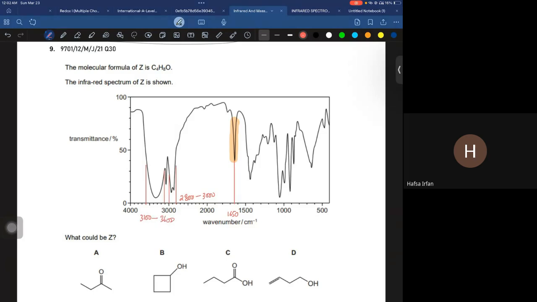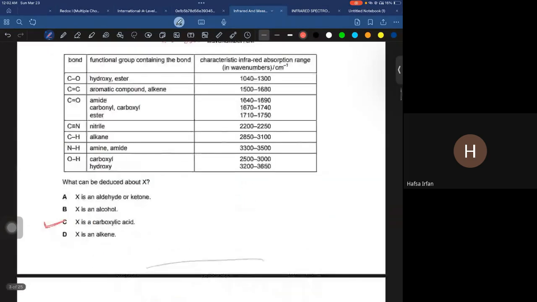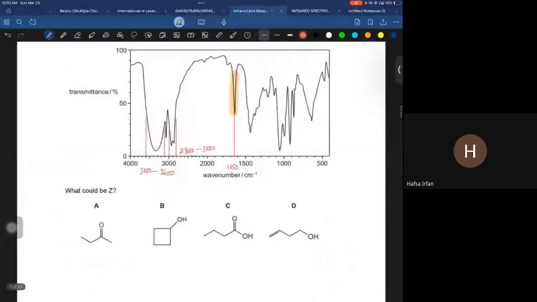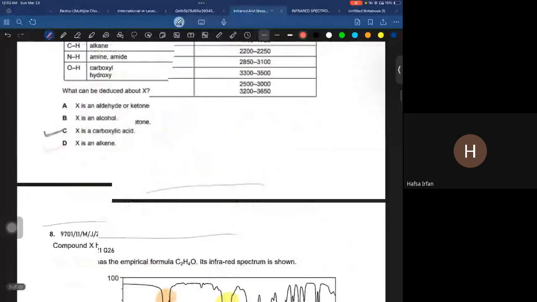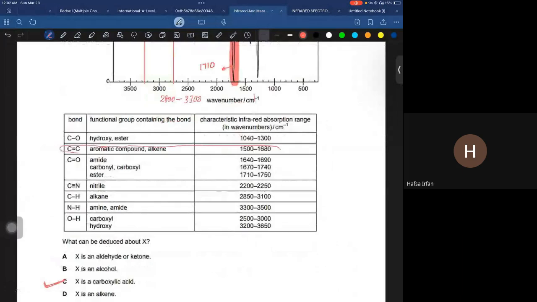So it seems that this is an alcohol, as you can see. 3200 to 3600 shows this is hydroxy, and the peak at 1650 shows that this is your carbon carbon double bond.